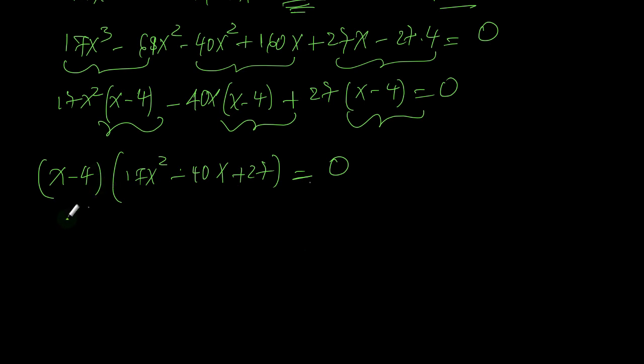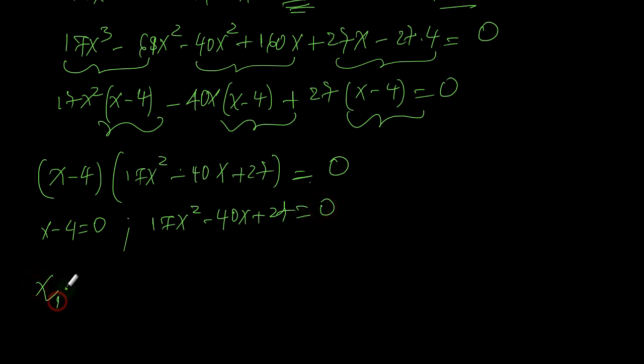Perfect. We have that x minus 4 equals 0, and 17x squared minus 40x plus 27 equals 0. So from here we have our x1 equals 4, our solution. And solving this, guys, we have delta less than 0, so we have imaginary solutions here.